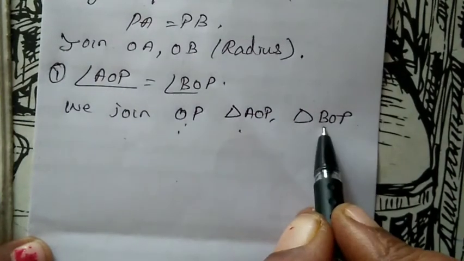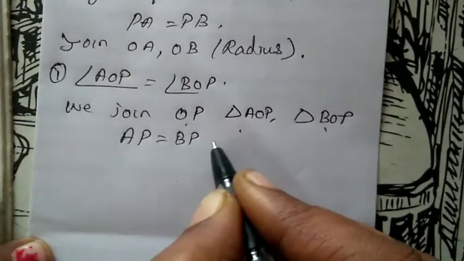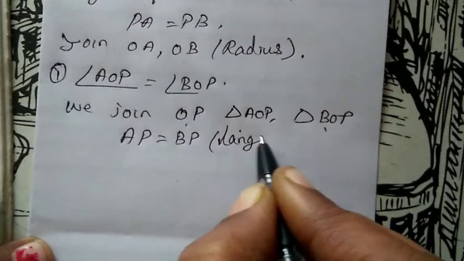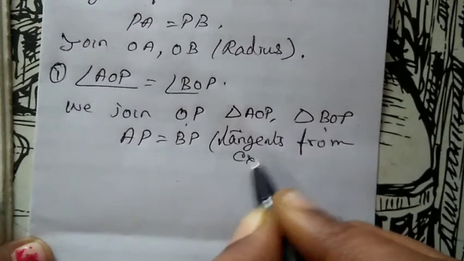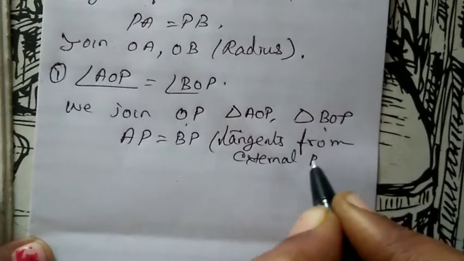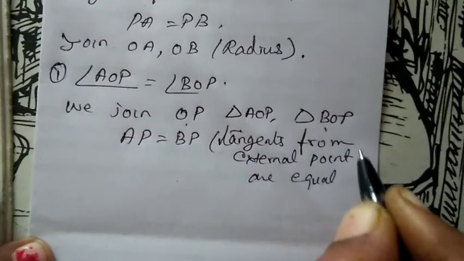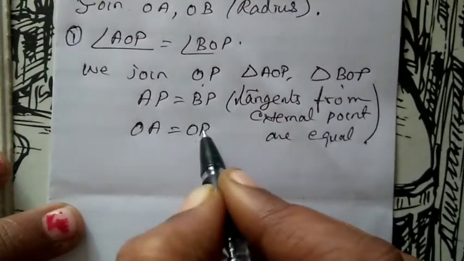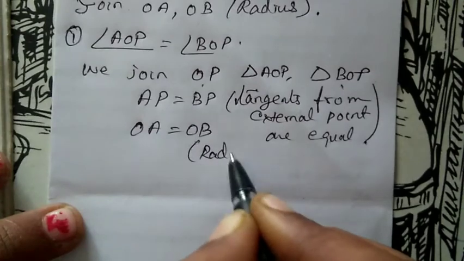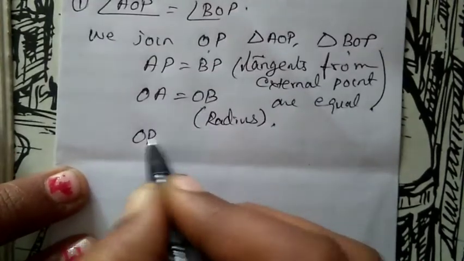In these two triangles, AP is equal to BP because tangents from an external point are equal. And then OA is equal to OB. This is radius of the circle. Then OP is common.